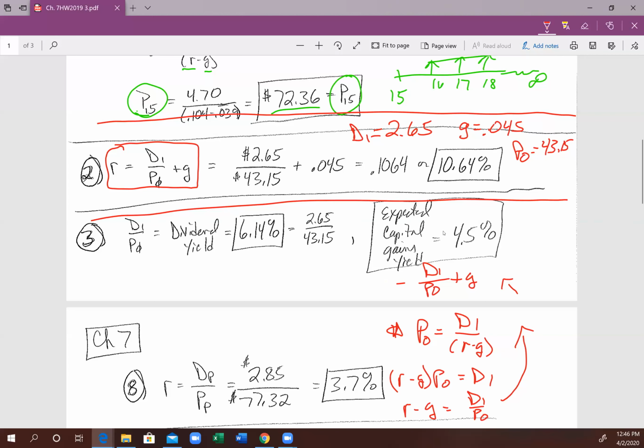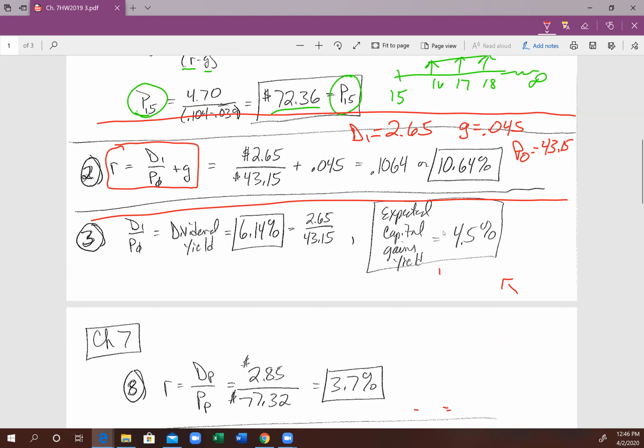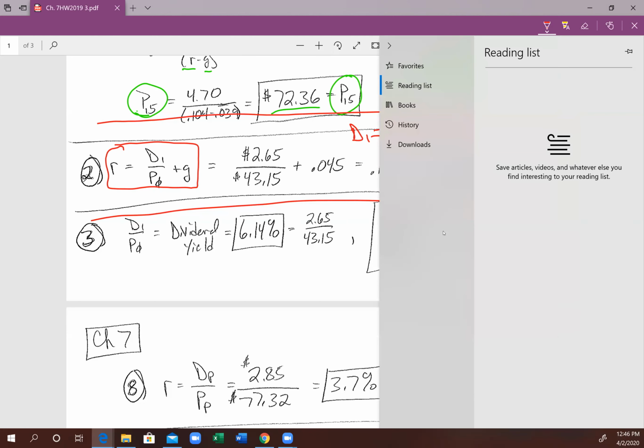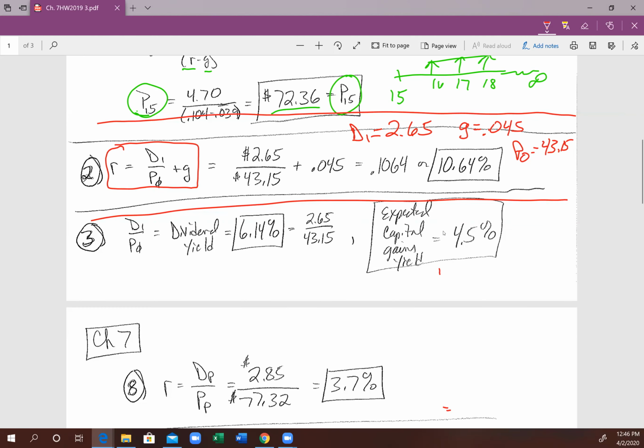And I'll need that space, so I'll go ahead and erase it. All right.